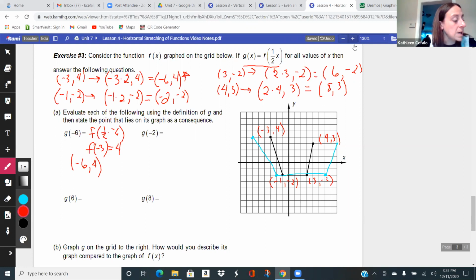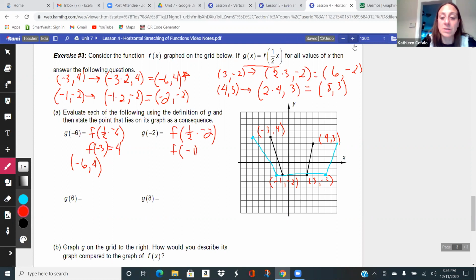Let's try another one. So we have the g of -2. So in order to figure out what the g of -2 is, let's try the function notation first, which says I should take the f of 1/2 times that -2. Okay, so the f of -1.